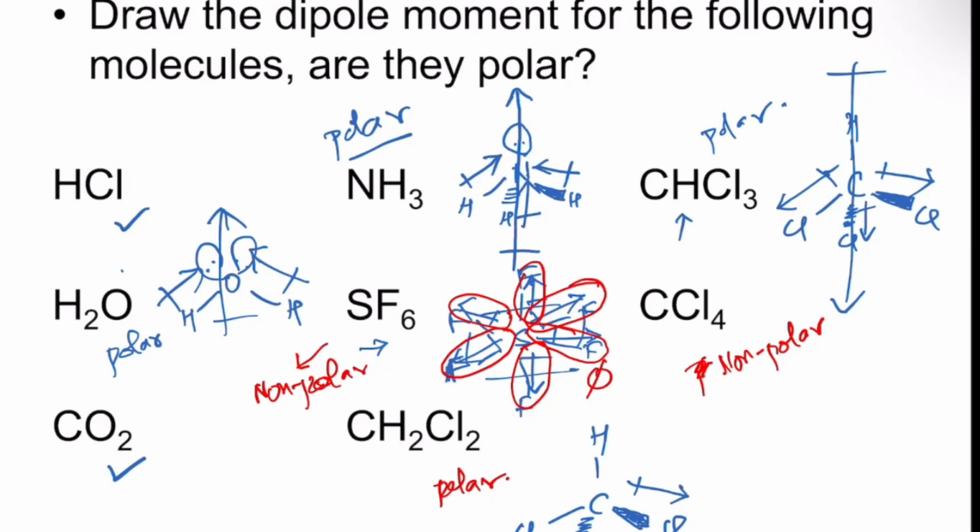That's going that way. That's going that way. And there's not much happening between the carbon and hydrogen because there's not much electronegativity difference between them. So therefore, your net dipole is actually going this way. So therefore, this is polar.